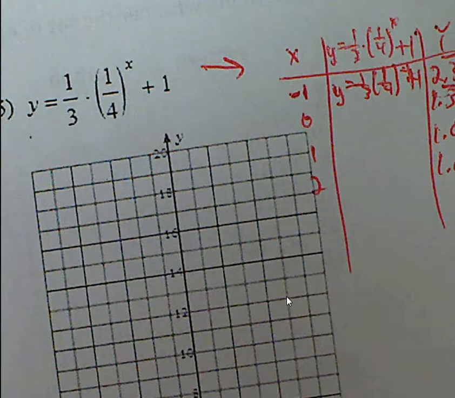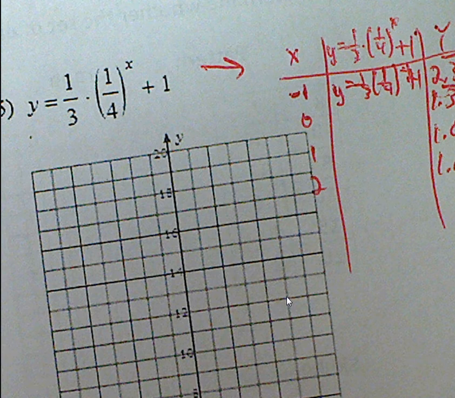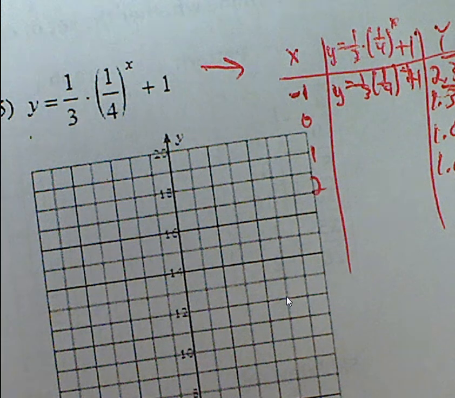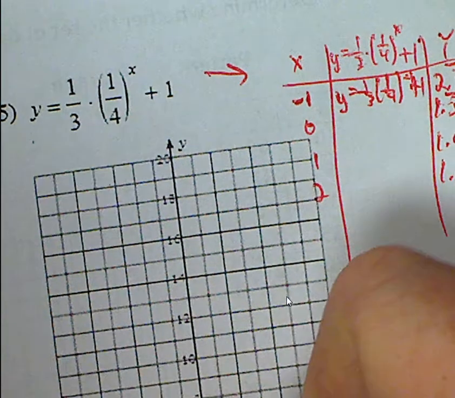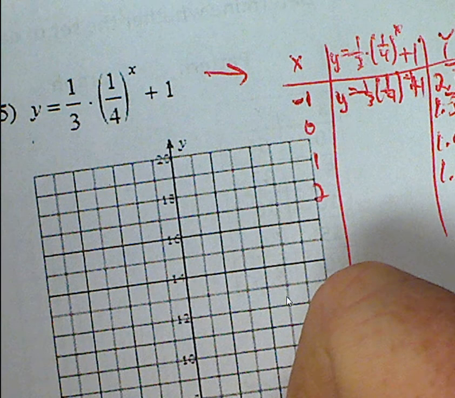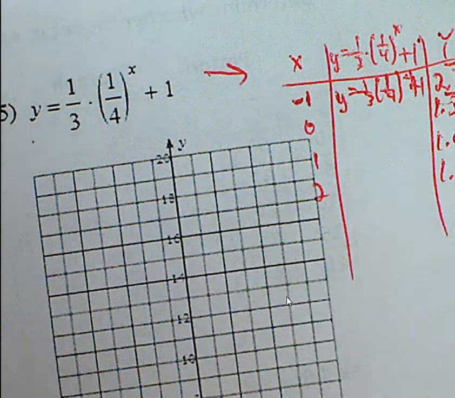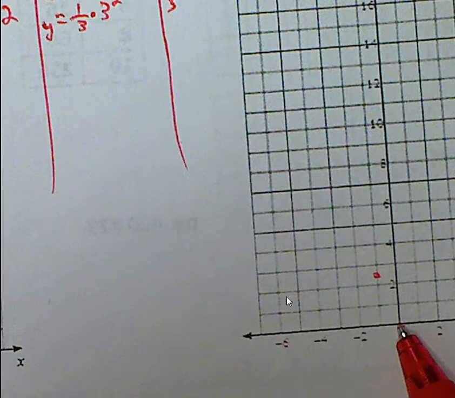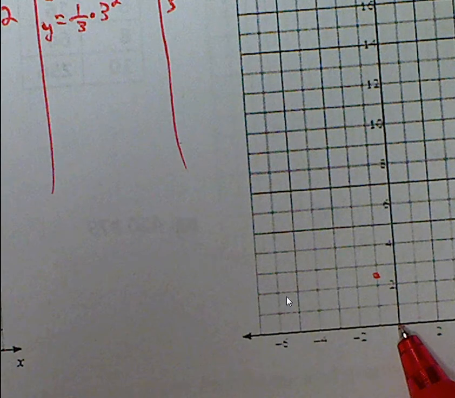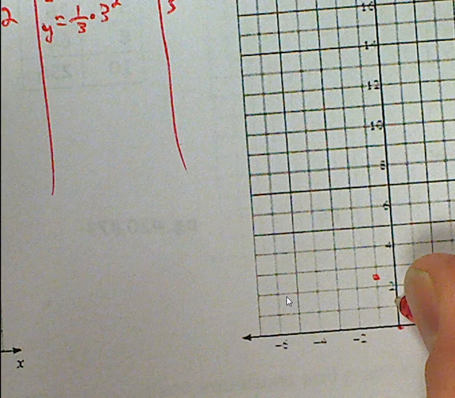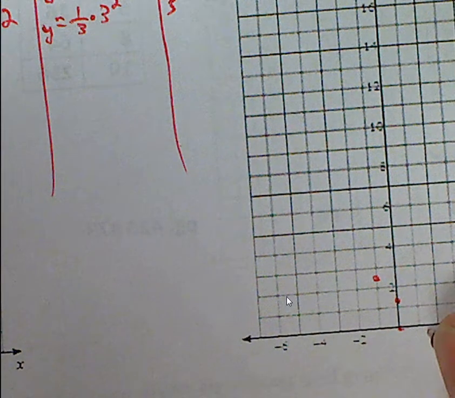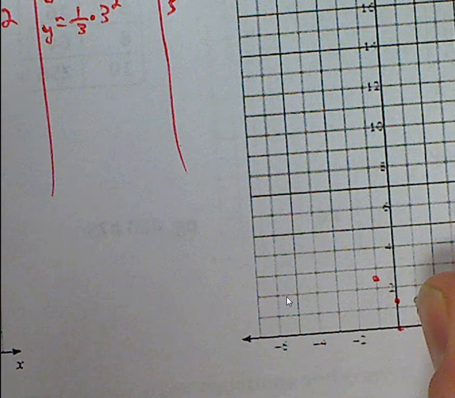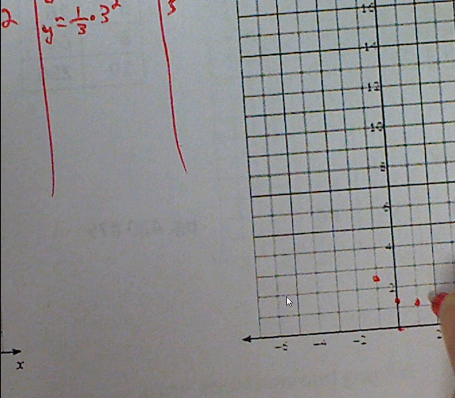When I plugged in -1, I was at 2.3. When I plugged in 0, I was at 1.3. When I plugged in 1, I was at 1.08, and then I was at 1.02.